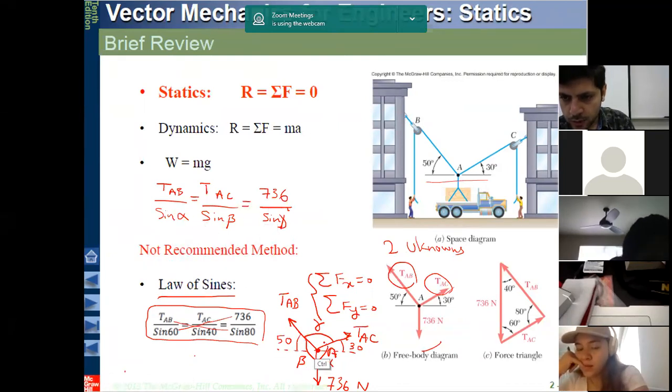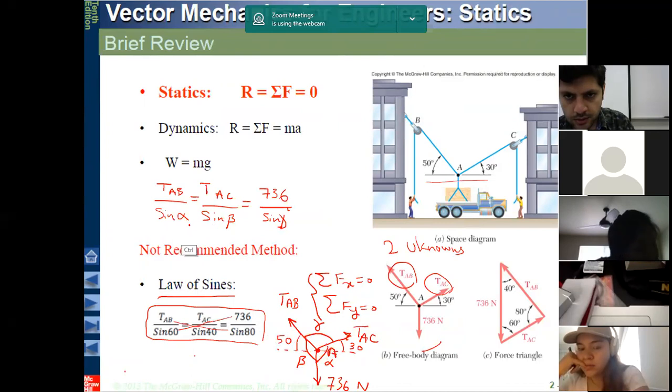So now we have to determine alpha here. If this is 30, then alpha is actually 120, because the 736 is perpendicular to the horizon. It's a weight force.